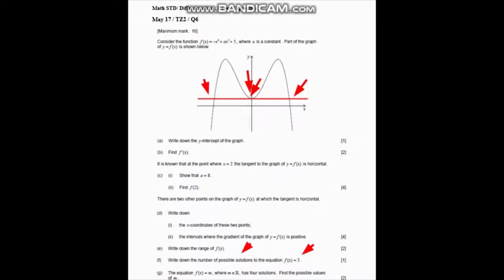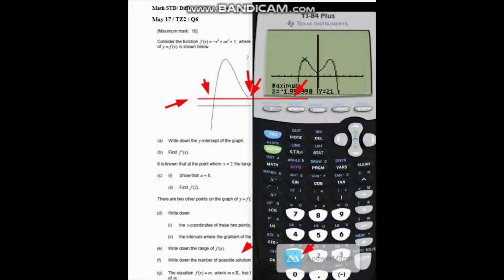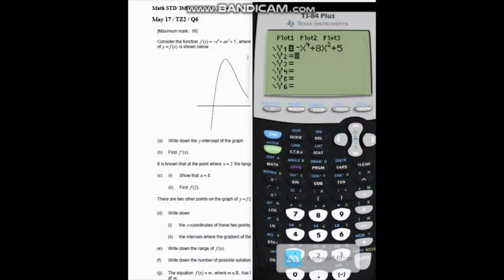And if you did not know that the tangent should be drawn right there, you could have used the GDC to make sure, as follows. So I'm just going to add the line y equals 5 right there. And there it is.